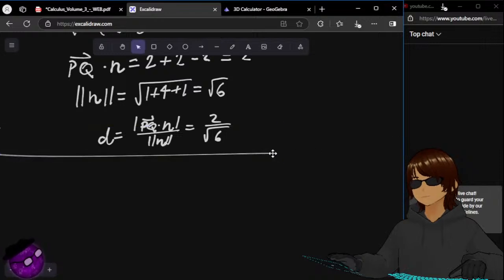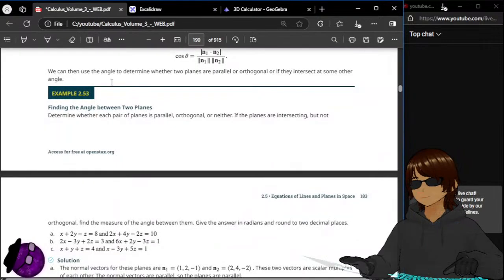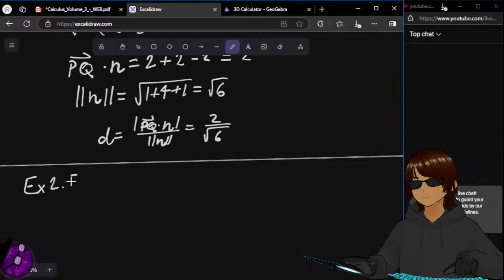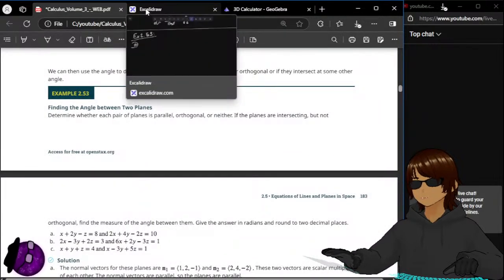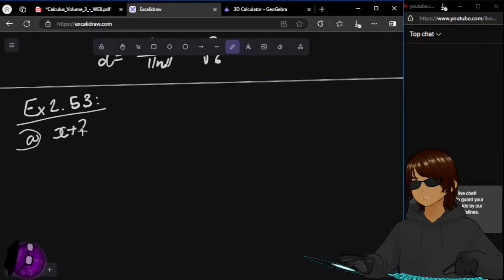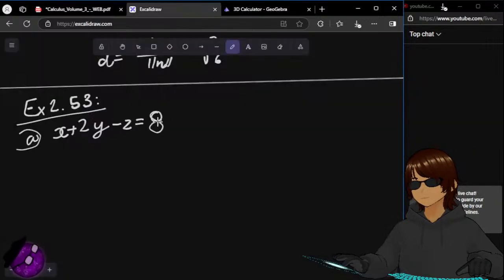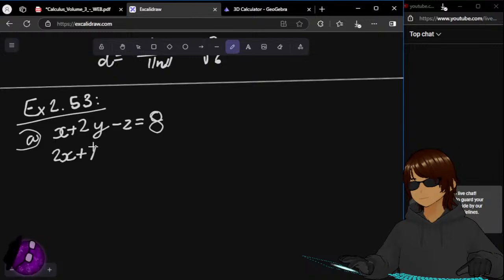So we have example 2.53. The first one, x plus 2y minus z, and 2x plus 4y minus 2z.